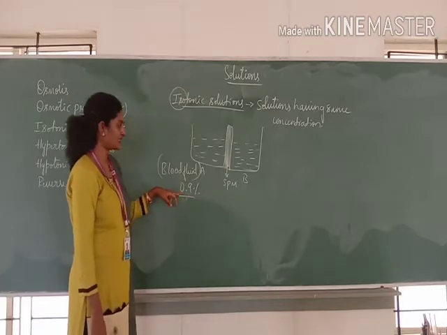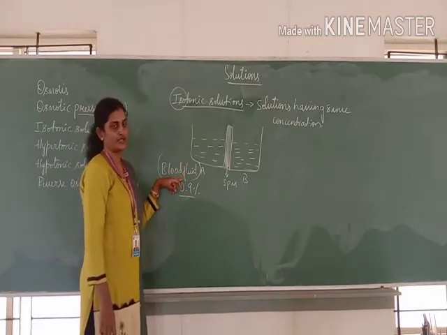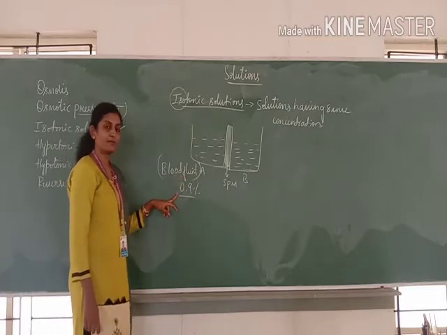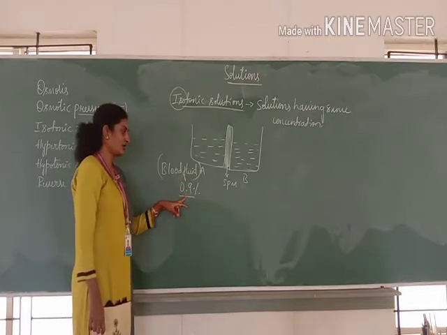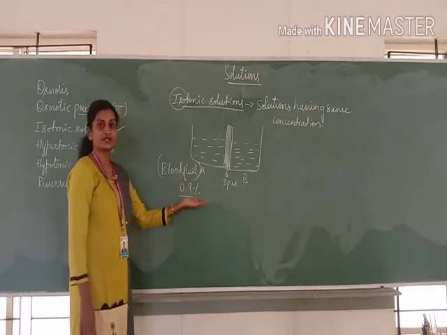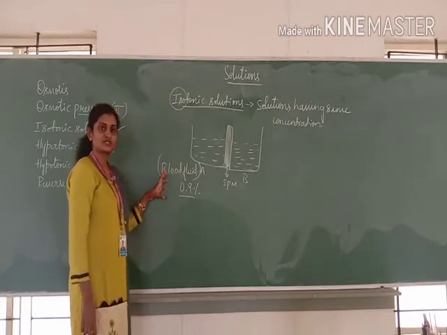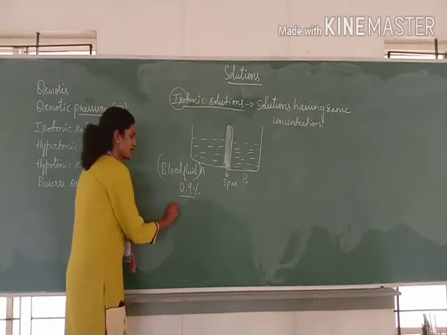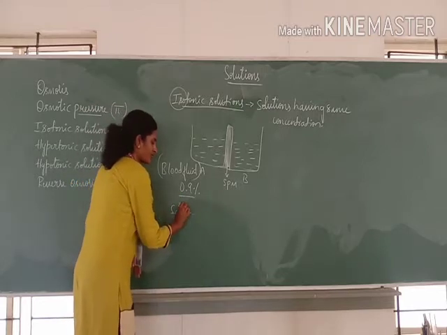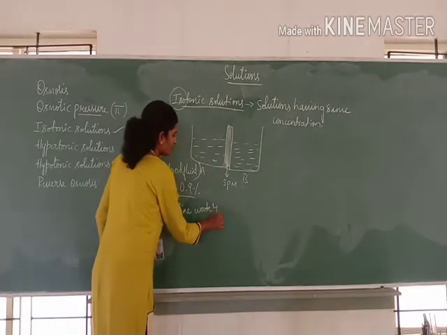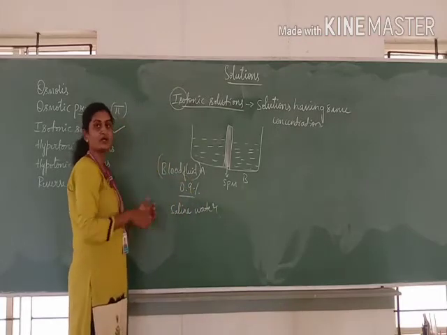The concentration has to match with the blood fluid. If the patient is supplied with a concentration of less than 0.9% or greater than 0.9%, the patient may die because of the osmosis taking place between the saline water, that is the fluid which is present around the blood cells.